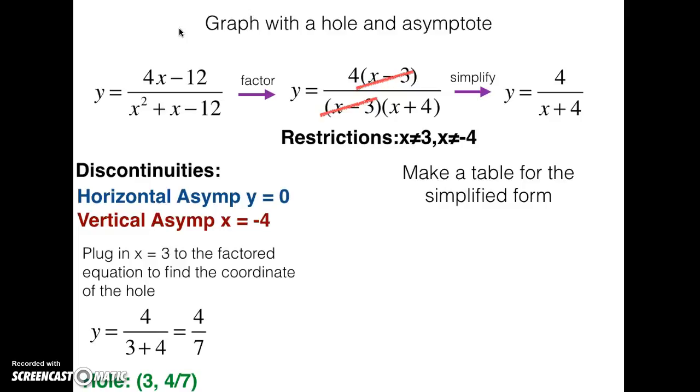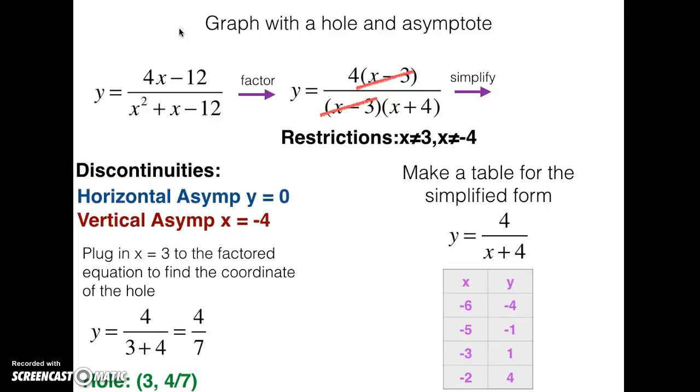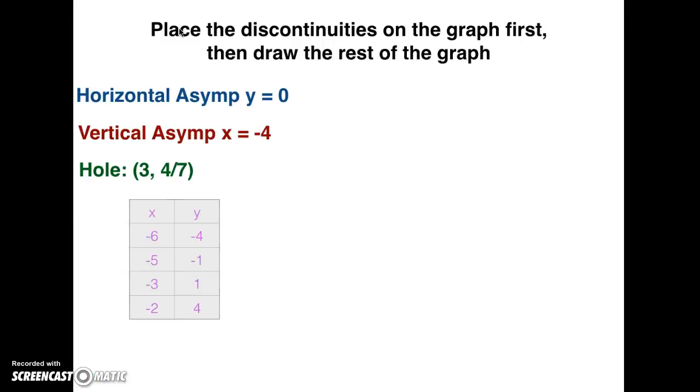You're going to make a table from the simplified form of the equation. So we take y equals 4 over x plus 4, make the table just like we did last class. We'll place the discontinuities on the graph first, then draw in the rest of the graph.